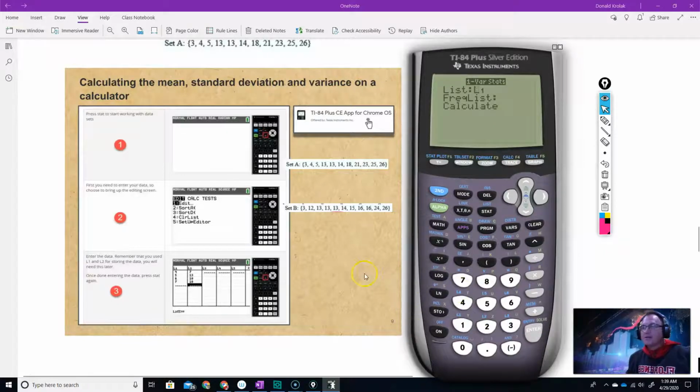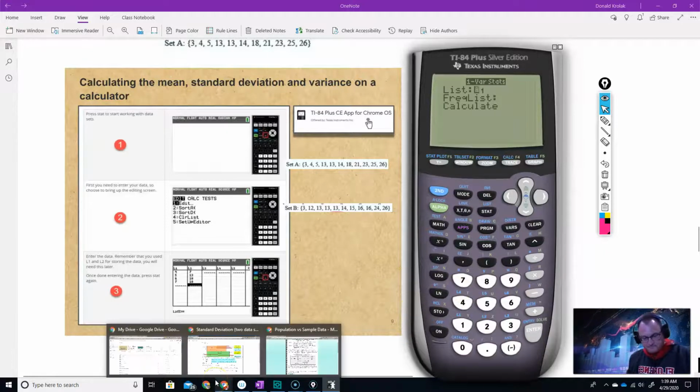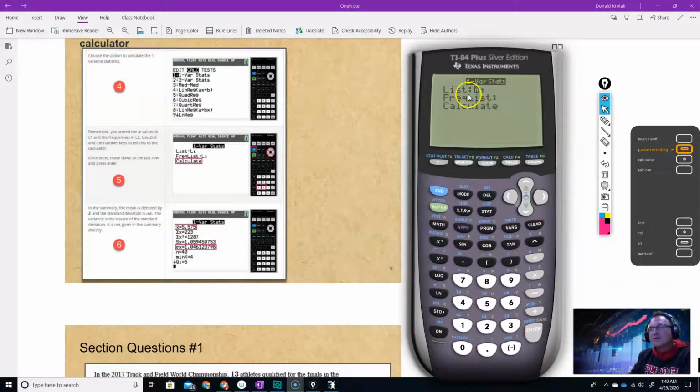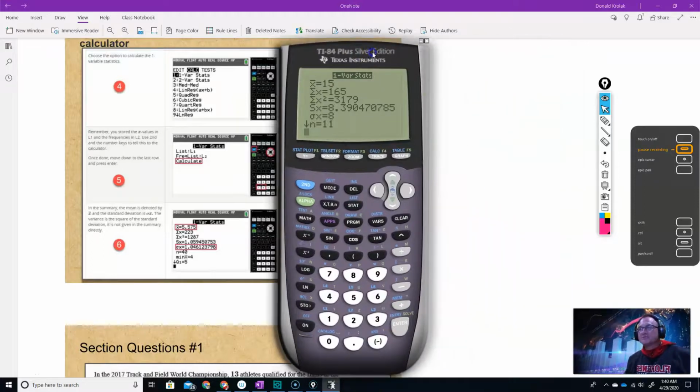I want to get just the one variable statistics for list 1. So the frequency list, I'm going to leave blank. We're going to use that later on. I'm just going to skip that one, go down to Calculate and hit Enter. And there's my one variable statistics.